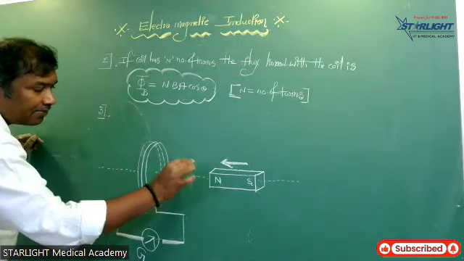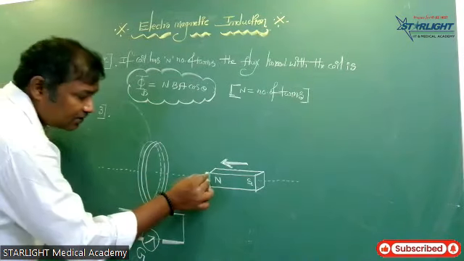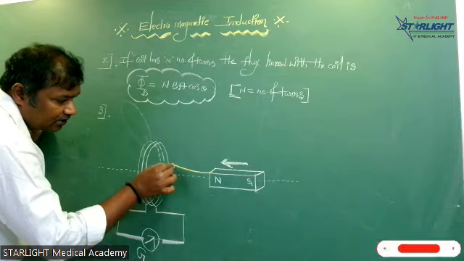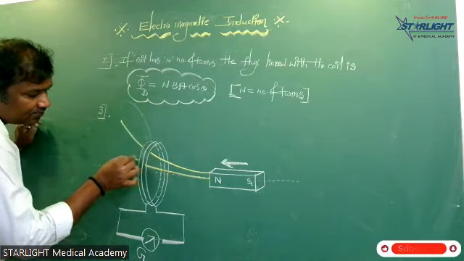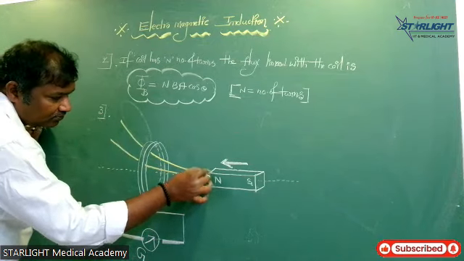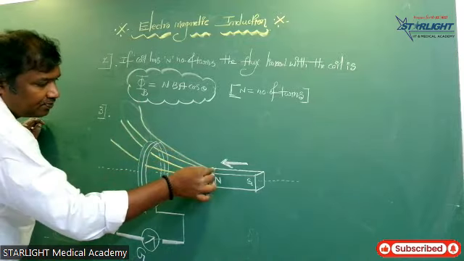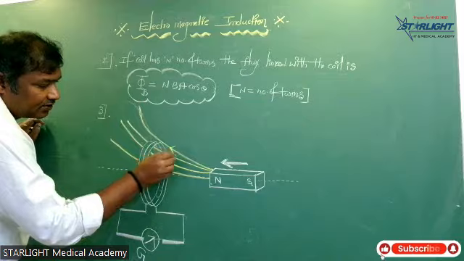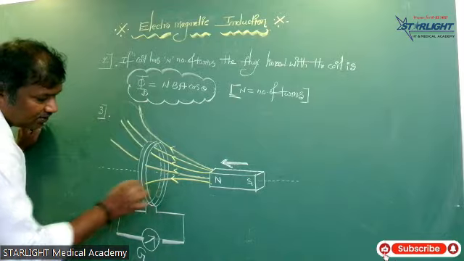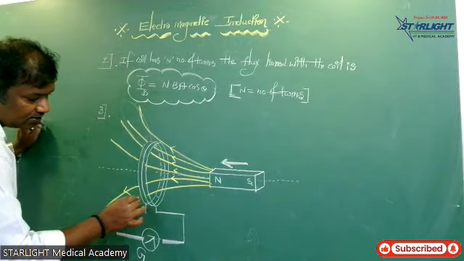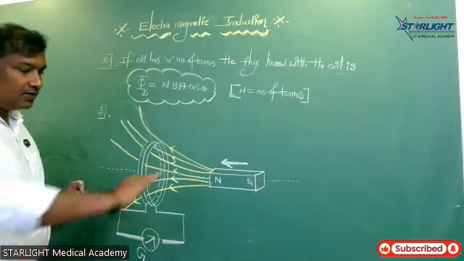Okay, here the magnetic lines are passing through this coil. So these are the magnetic lines. Look carefully while drawing the diagram. The magnetic lines are passing through the coil. Some are drawn outside. These are magnetic lines.